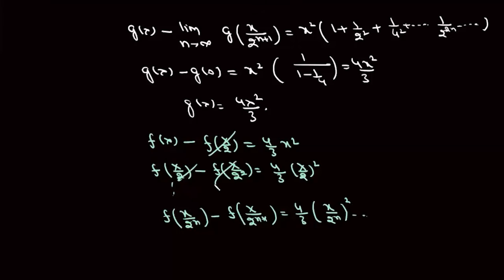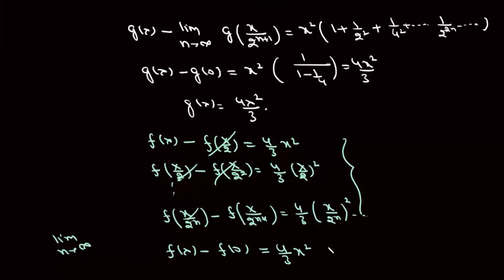Now again these terms will cancel, and we'll take the limit n tends to infinity to make this an infinite GP. So we'll get f(x) minus the limit n tends to infinity f(x/2ⁿ), so it'll be f(0), and it'll be equal to (4/3)x² times (1 + 1/4 + 1/4² up to infinity), which is an infinite GP, and it'll be 16x²/9.